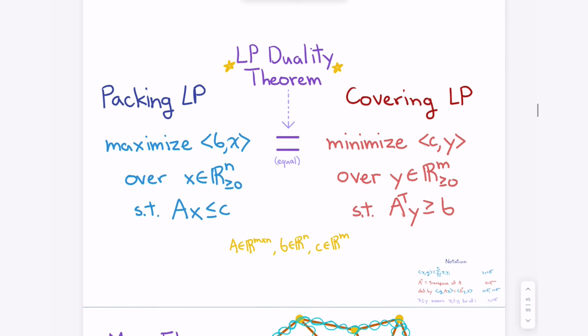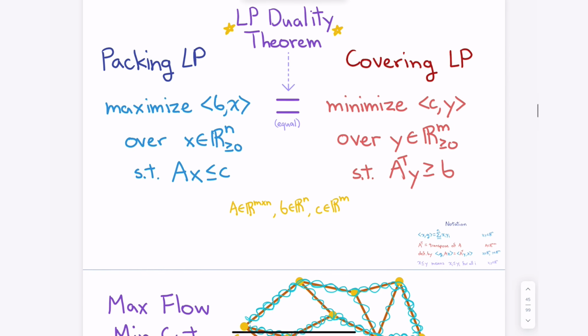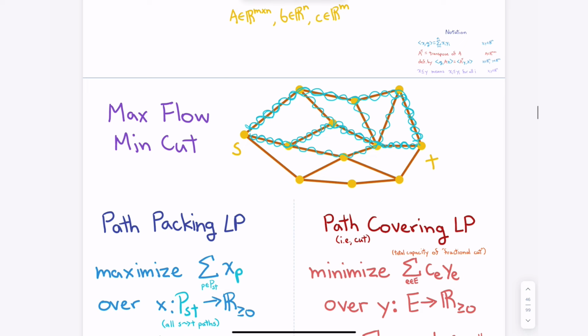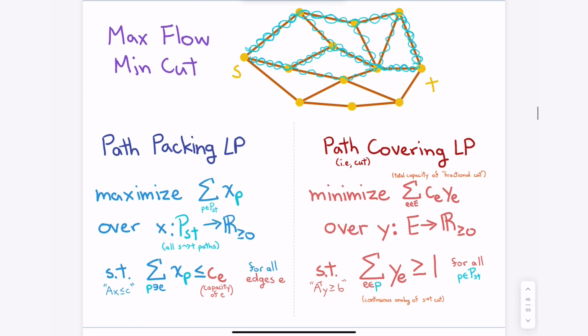So b would just be the all ones vector then. Sorry? Oh, I don't know. Well, we don't need it for max flow.